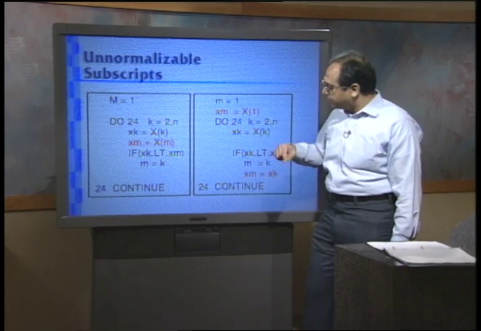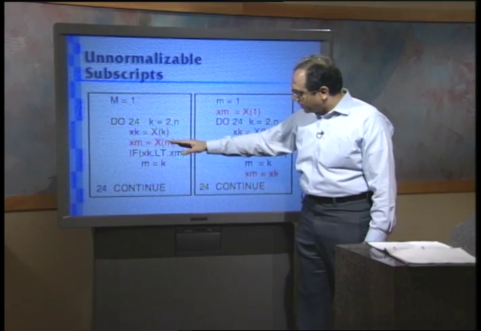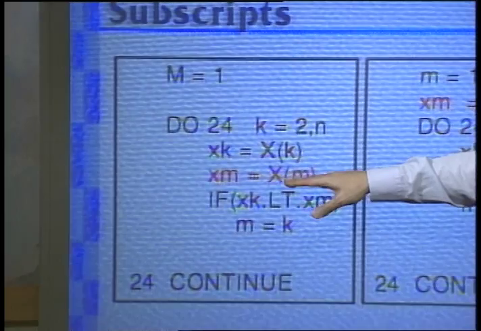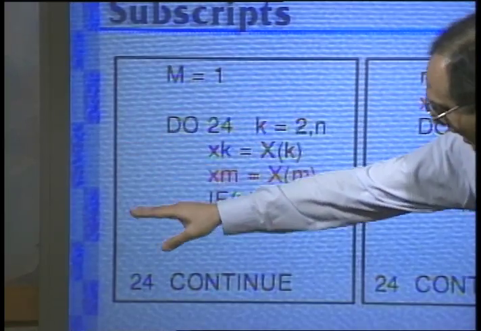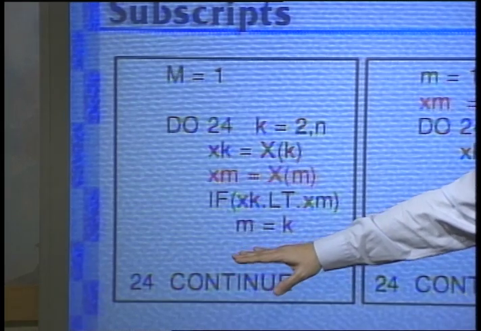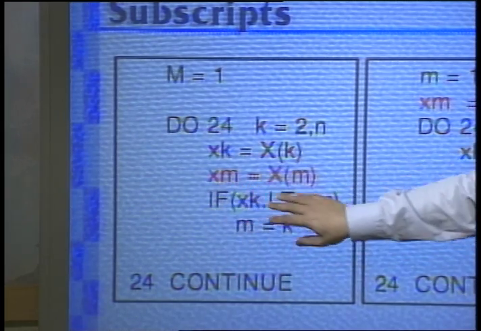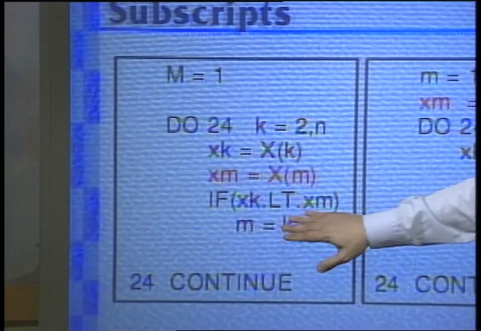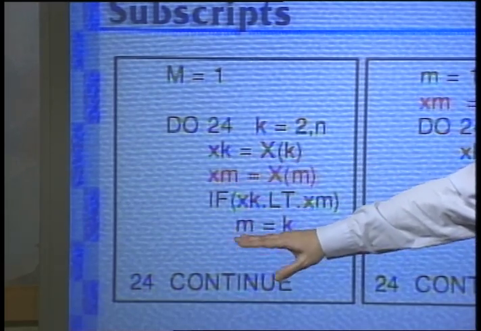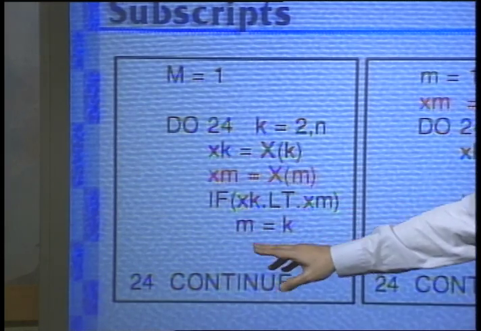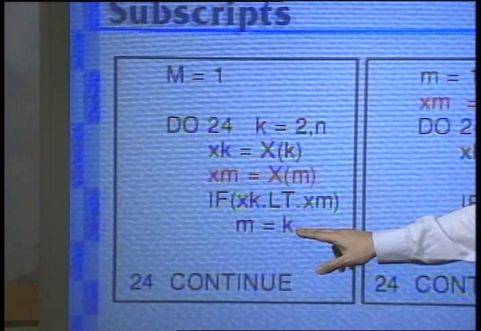Now, we can use the same process of symbolic evaluation. We can take this x of m, conceptually take it around the back edge until it comes over here. If this condition is not true, then m is unchanged, and in fact, it's already available. If this condition is true, then m gets changed to k.